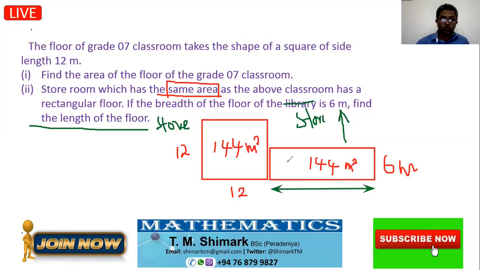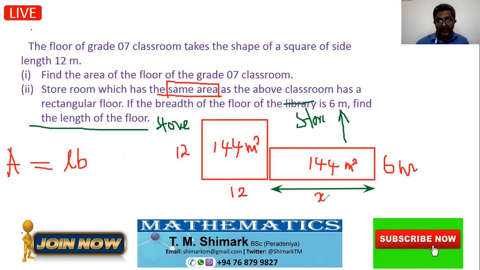So how would you find the area of a rectangle? Can someone say the formula for a rectangle? Length into breadth. Area A equals length into breadth. Length we don't know.